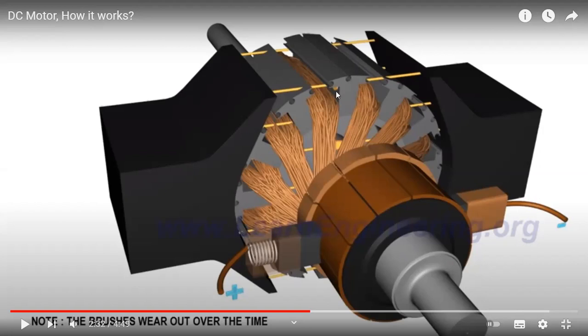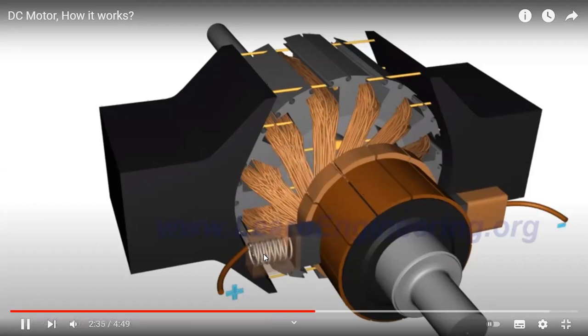So you can clearly see this is the high permeable material, and flux can easily conduct throughout this material, so that the rotor coil can easily cut this flux.